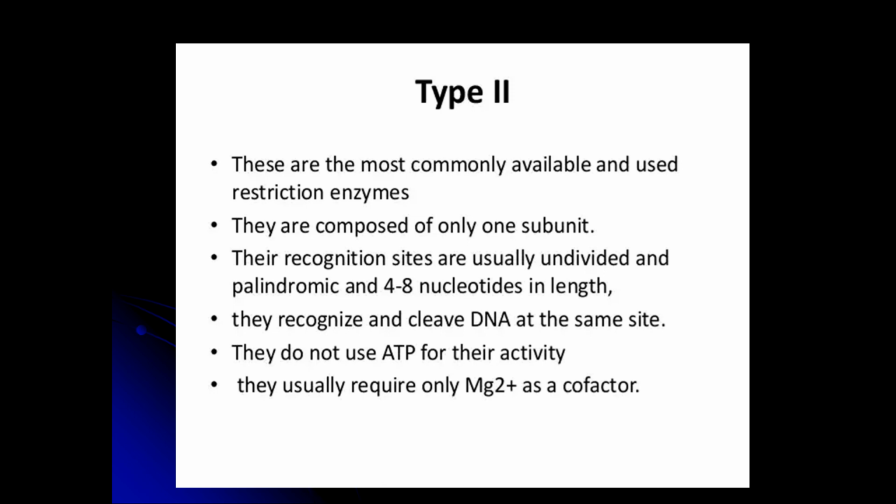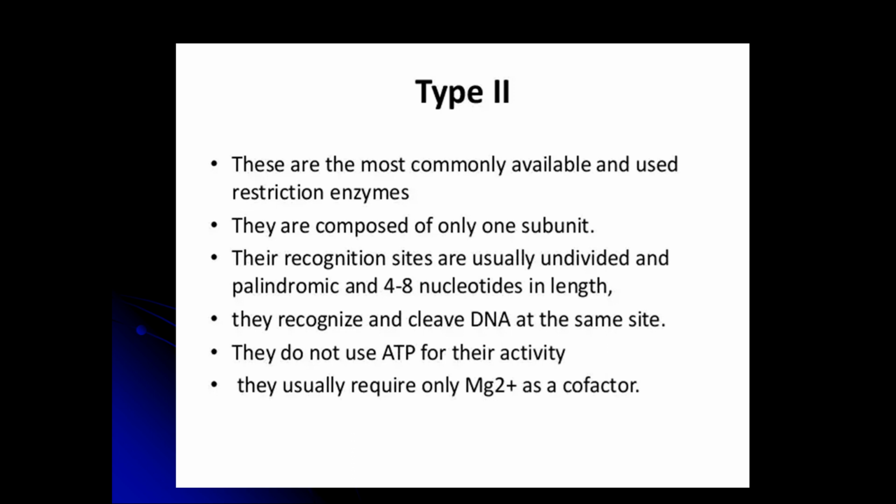In type 1, you see that it is made up of two R subunits, two M subunits, and one S subunit, but type 2 is composed of only one subunit. Their recognition sites are usually undivided and palindromic, 4 to 8 nucleotides in length. They recognize and cleave DNA at the same site.